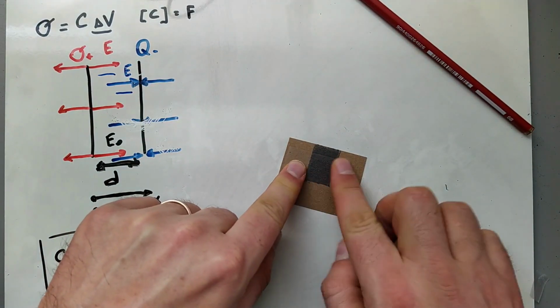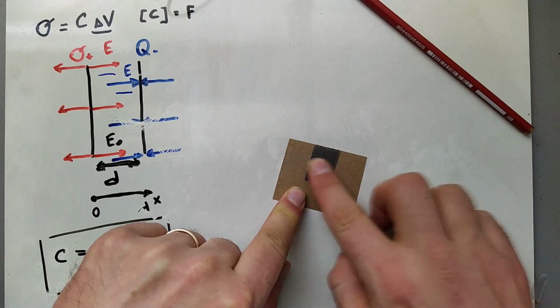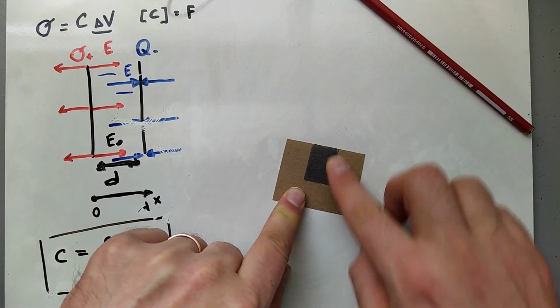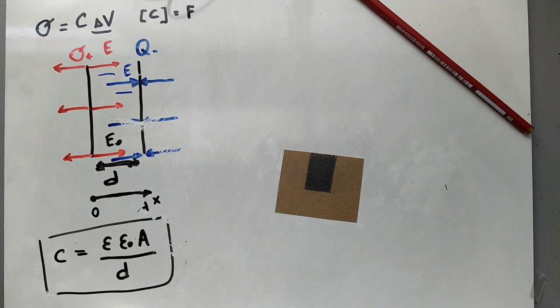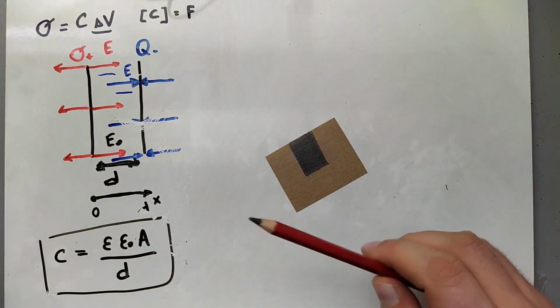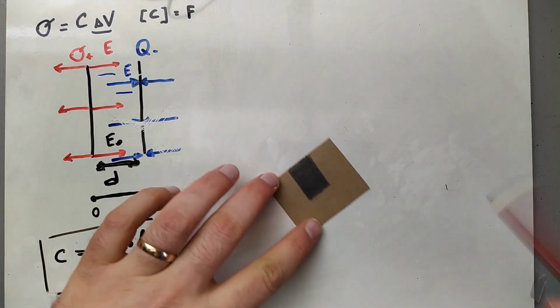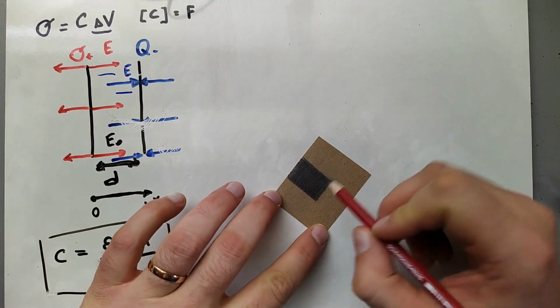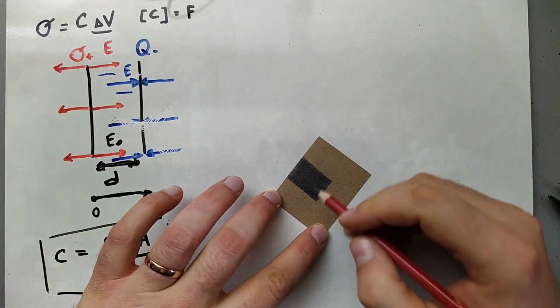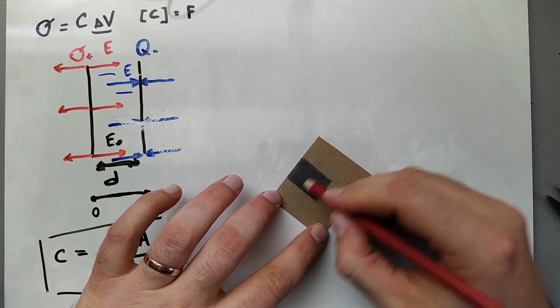Okay, so now we have the dielectric layer on top of the first electrode, and since this is kind of magic tape, it has a rough surface, we can draw with a pencil on top of this tape.